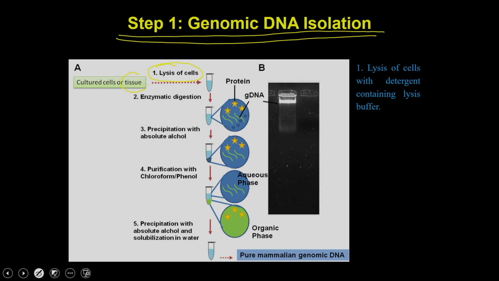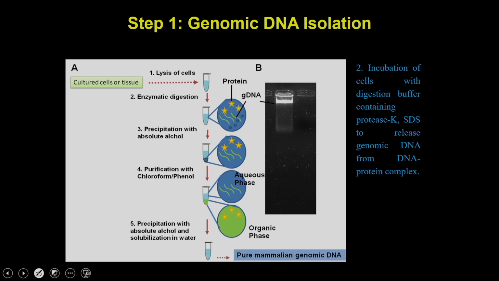If you have a tissue, you do homogenization, and followed by the homogenization you get the individual cells, and then the individual cells have to be incubated with the lysis buffer. So, you lyse the cells with the help of the lysis buffer, which normally contains different types of detergents. These detergents disrupt the cell membrane, and as a result the cellular content comes out.